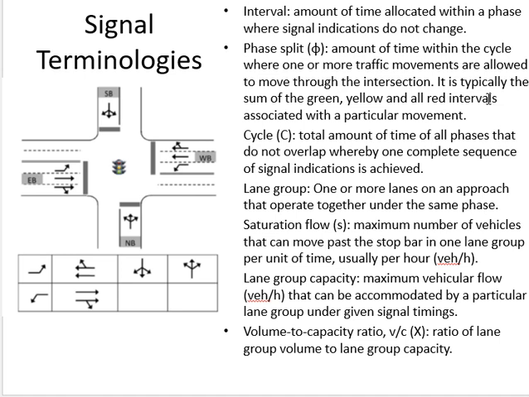Lane group capacity. So capacity of the entire lane group under signal timings. So what's the difference between saturation flow and lane group capacity?